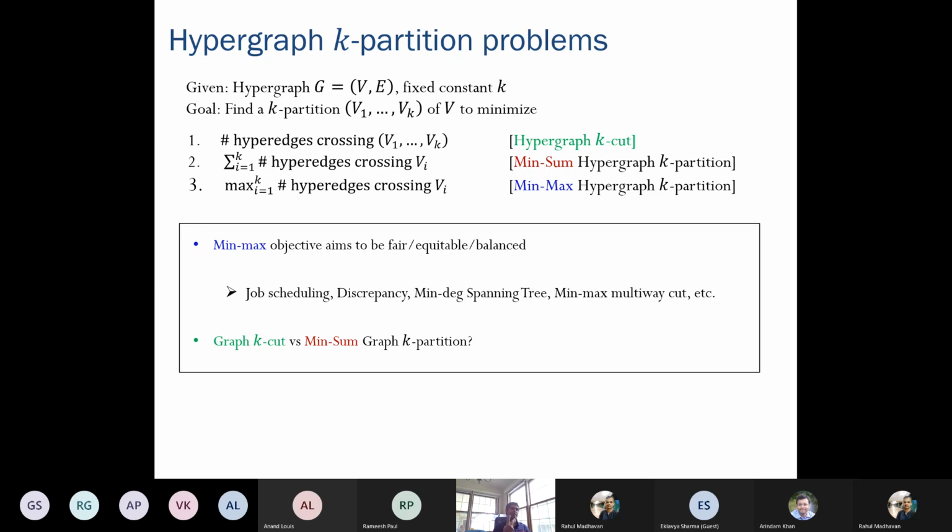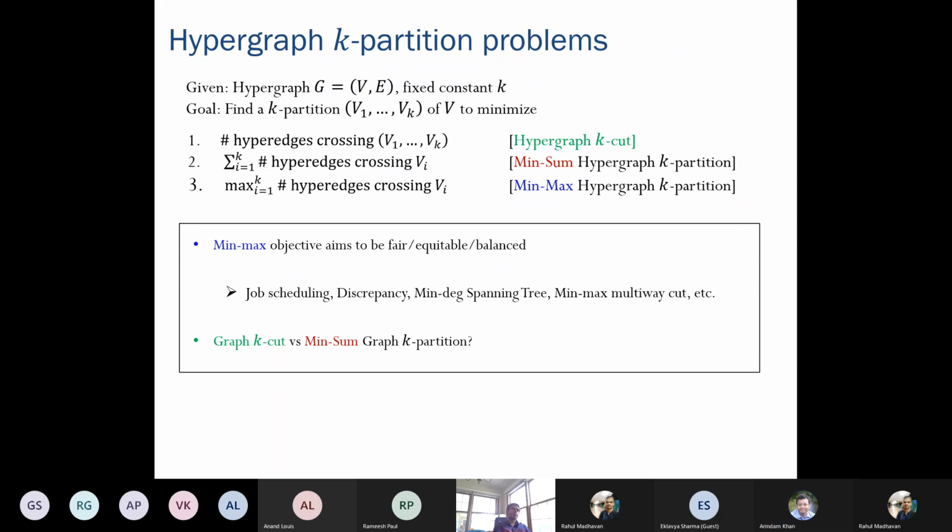If it's crossing, then it can cross exactly two parts. So graph KCut is equivalent to min-sum graph K partition if the input hypergraph is a graph. For K uniform hypergraphs or something, maybe they are closely related, but otherwise they can be quite different.